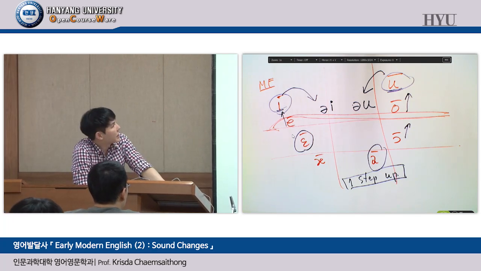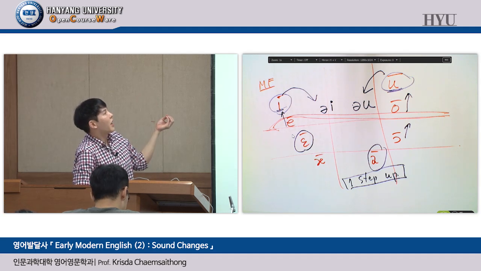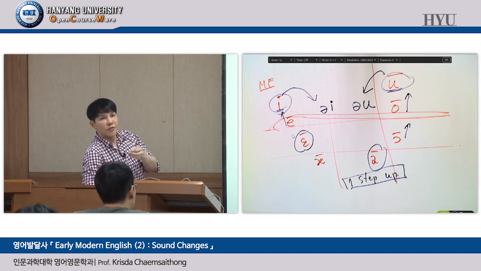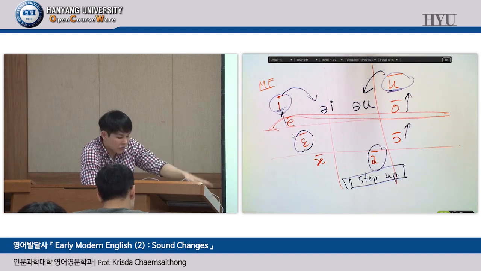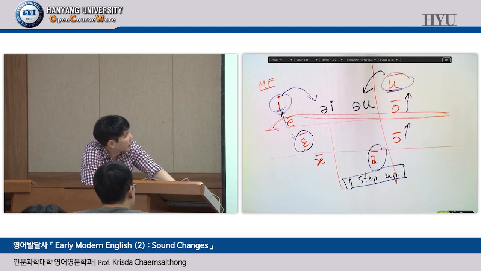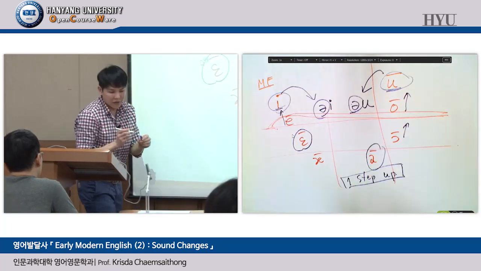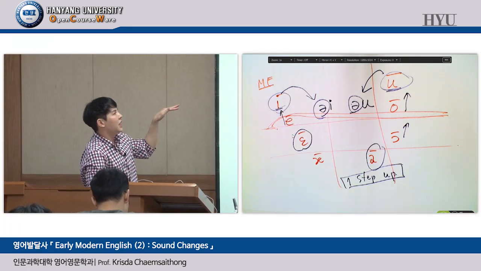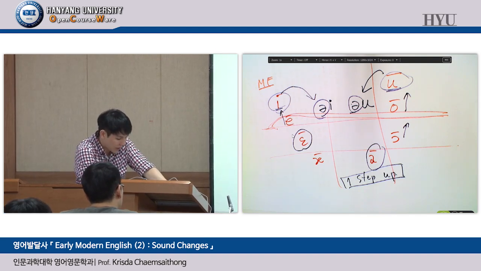There's diphthongization, when a single vowel became a diphthong, right? So there's the diphthongization of the 2 high vowels, and there's the schwa here that developed out of that, right?